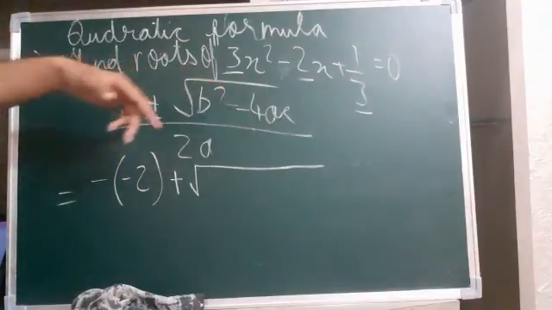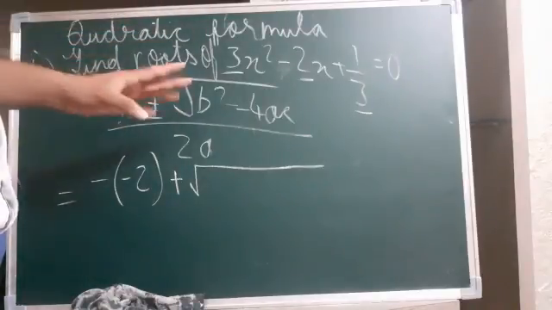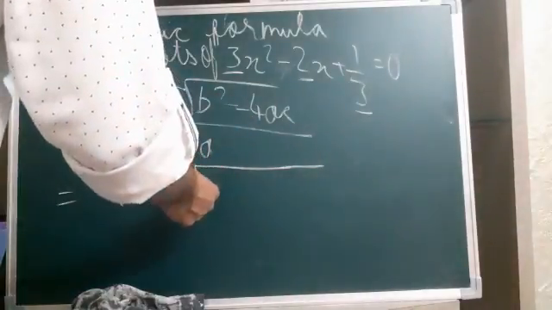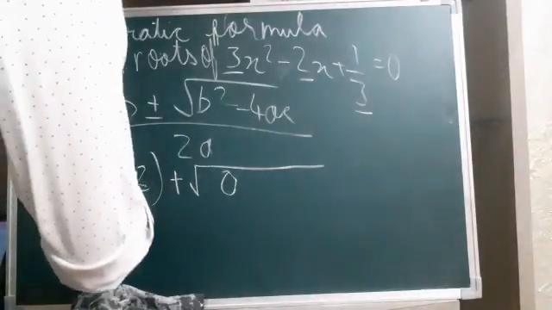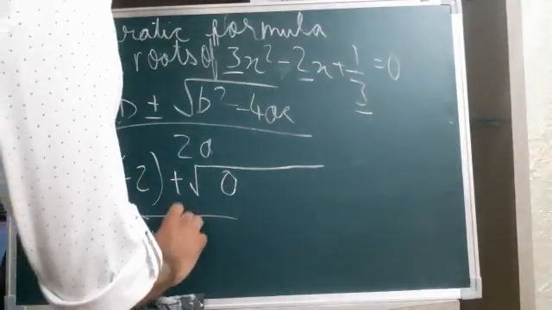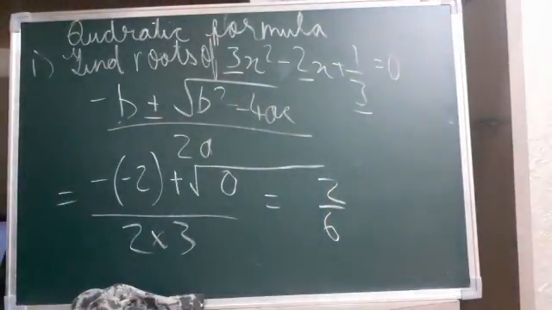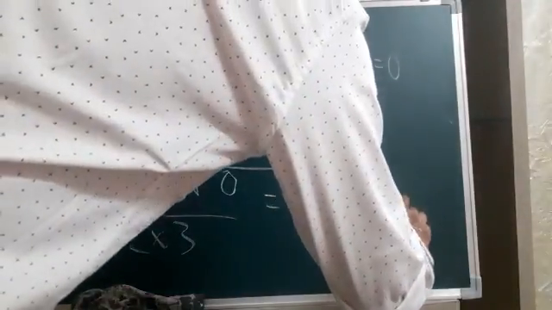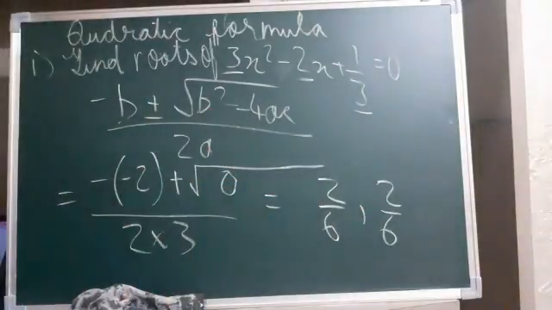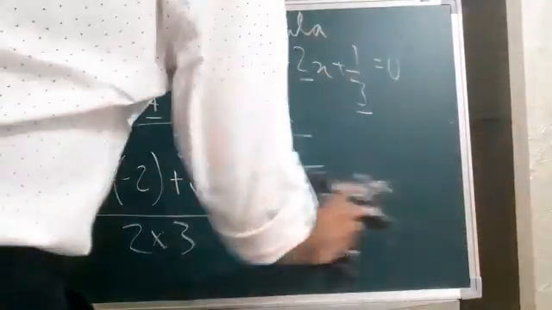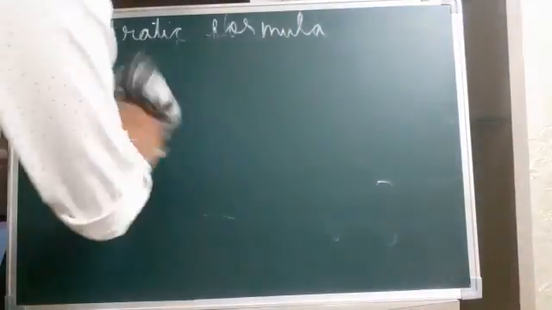But as the determinant is 0, as we calculated earlier, both values would be the same, so we need not calculate separately. So minus b is 2, and 2a is 2 into 3, so this becomes 2 by 6, and the second root also becomes 2 by 6. So the roots of the equation are 2 by 6 and 2 by 6, which are both equal and real. This is basically how the formula works.